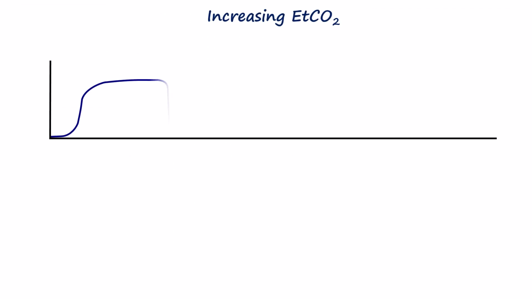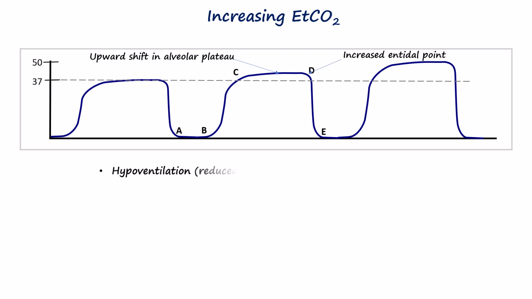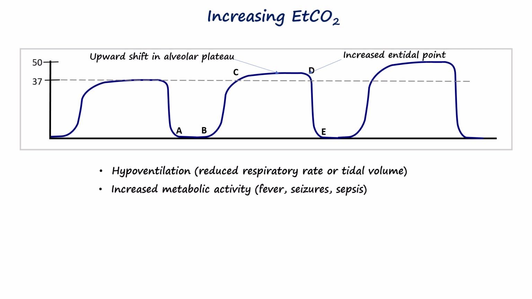An increasing EtCO2 level on the capnograph waveform is seen as a gradual upward shift in the alveolar plateau or phase 3 and a rise in end-tidal CO2. This pattern may indicate hypoventilation due to a reduced respiratory rate or tidal volume, leading to CO2 retention. It can also result from increased metabolic activity such as fever, seizure, and sepsis.